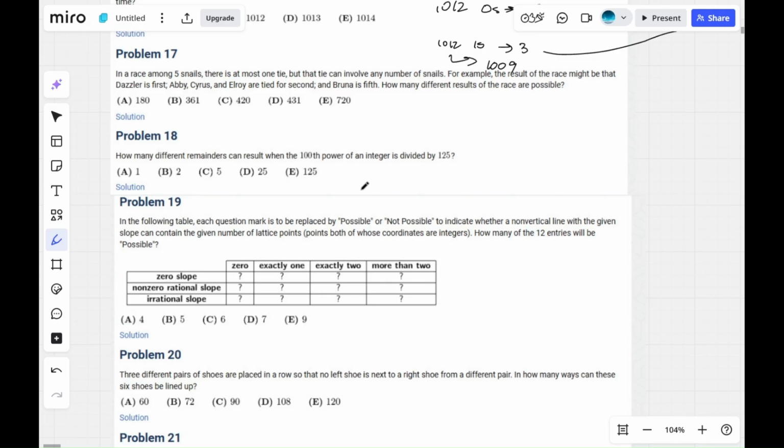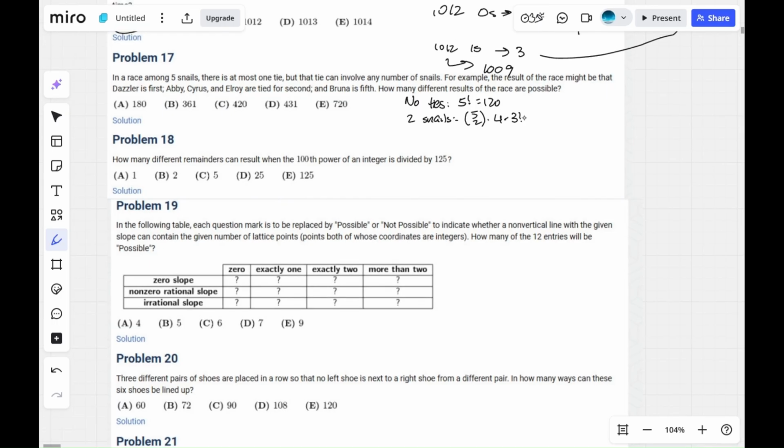So we can split this into cases, right? If there are no ties, that's case 1, and there are just 5 factorial, which is 120 ways to order the snails. Then if there are 2 snails that are in a tie, then we have 5 choose 2 ways to choose those 2 snails, and then 4 times 3 factorial ways to order everyone else.